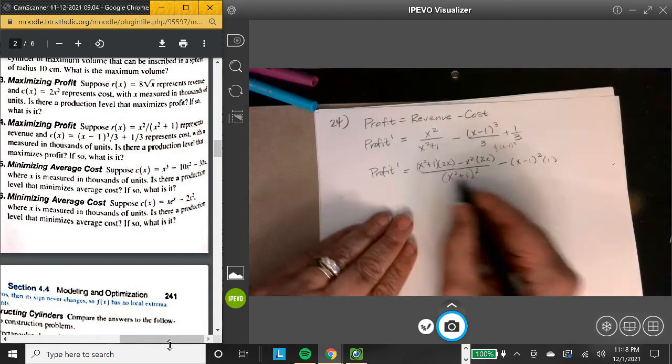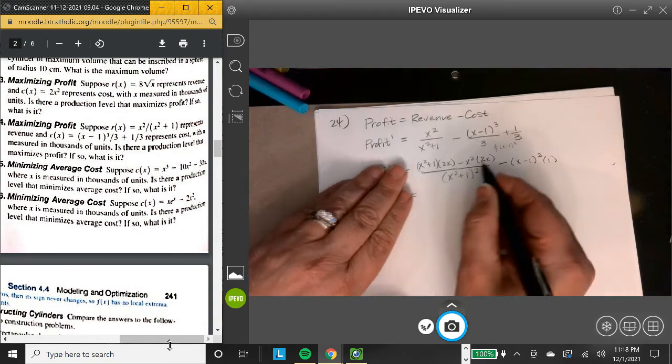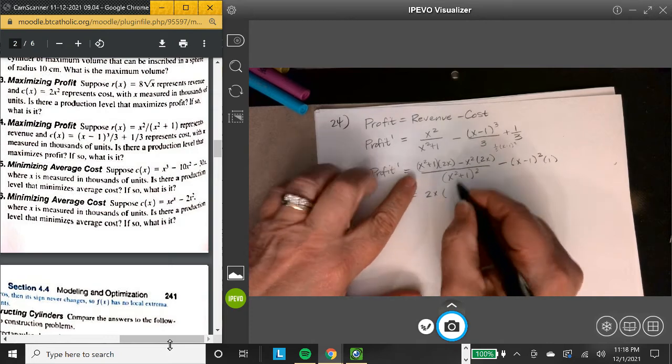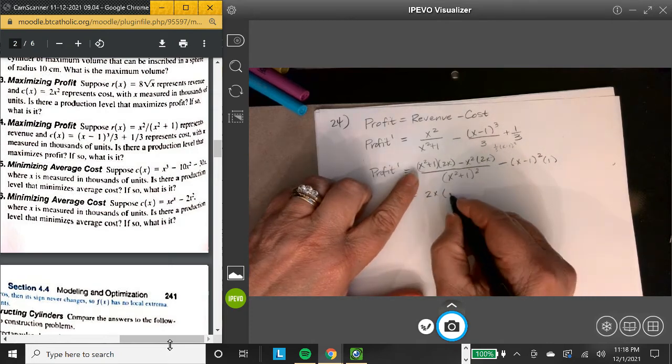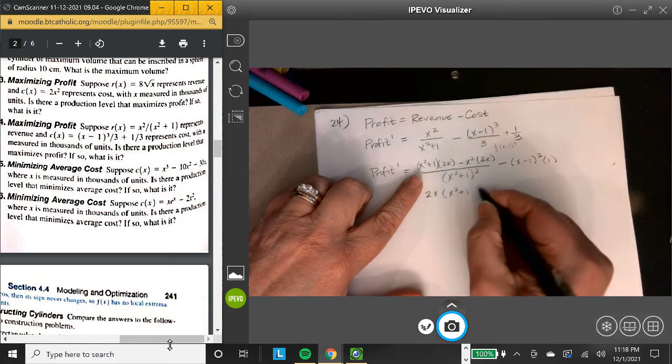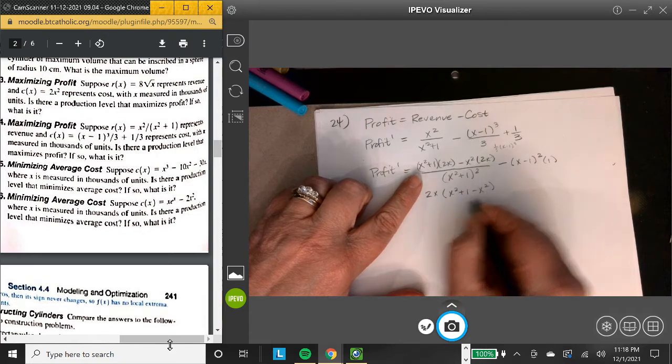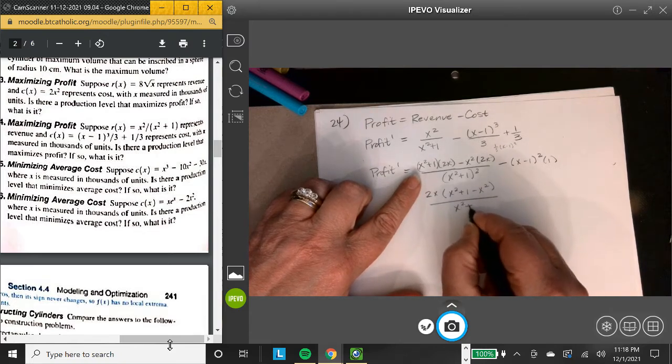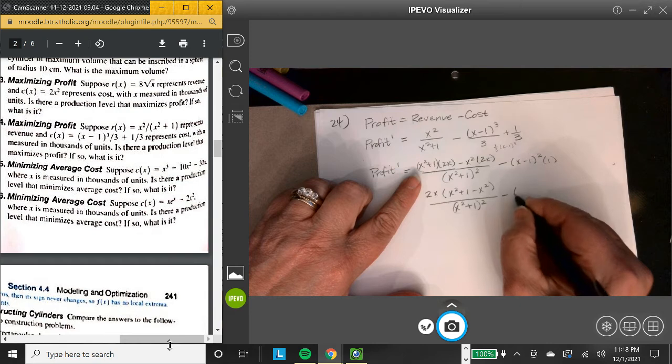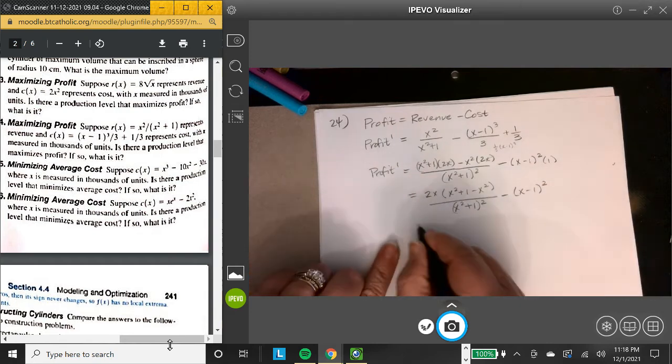All right, now I'm going to simplify this numerator. I can factor a 2x out of the top right here, and I'm left with x squared plus 1 minus x squared, all over x squared plus 1 quantity squared, minus x minus 1 quantity squared.